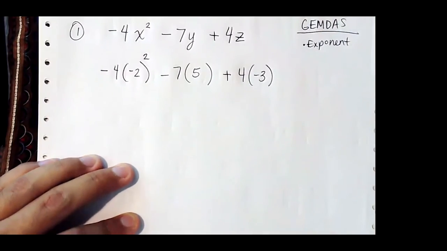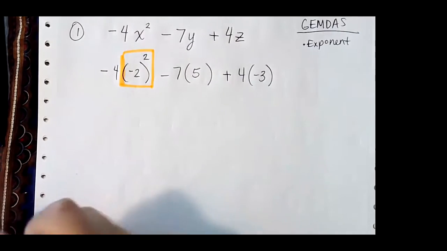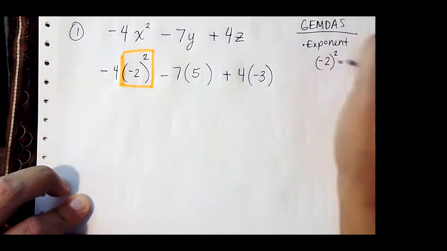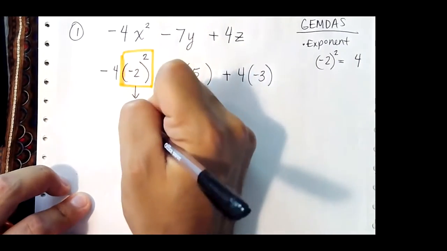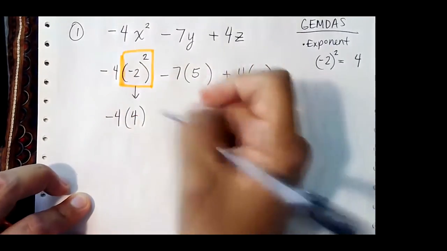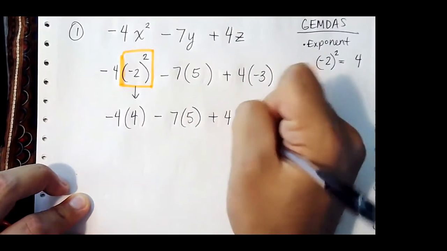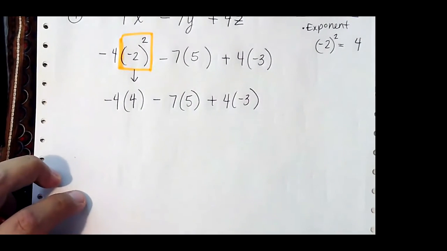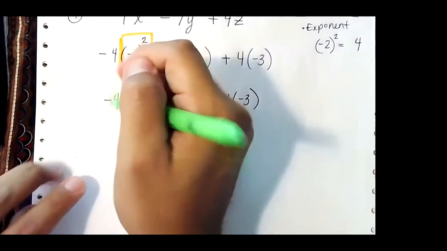This is negative 2 squared, so that should be negative 2 times itself, which should be positive 4. I'm going to take that result, positive 4, and I still have this negative 4 out here, so I need to multiply that at some point. Let me write everything else out. Now it looks like I just have subtraction, addition, and a bunch of rounds of multiplication. So I'll take care of the multiplication next.